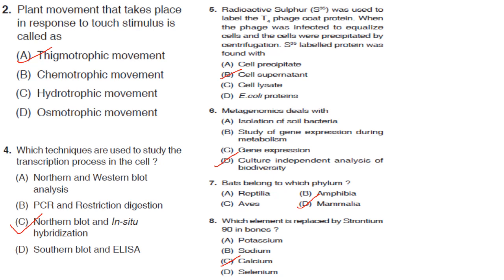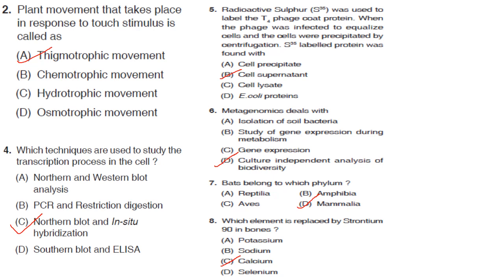When the phage was infected to bacterial cells, the protein coat doesn't enter the infected cells. So they will be found in the supernatant. The answer will be cell supernatant. Answer is option B.